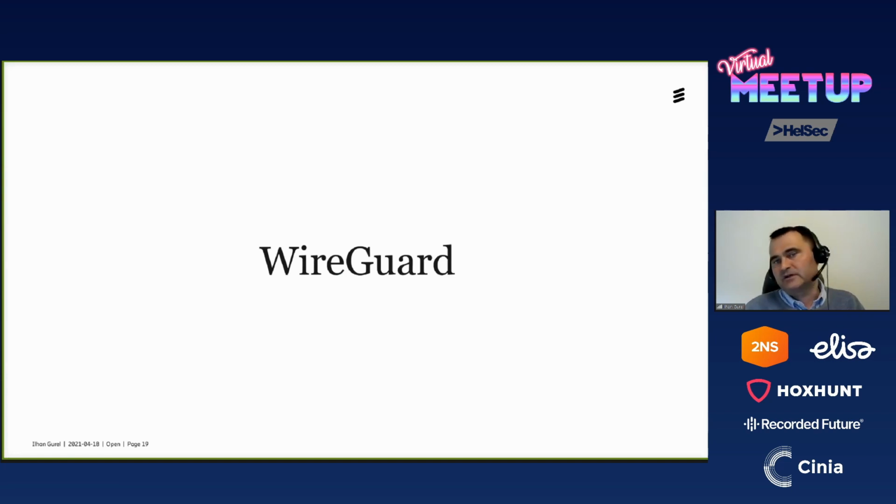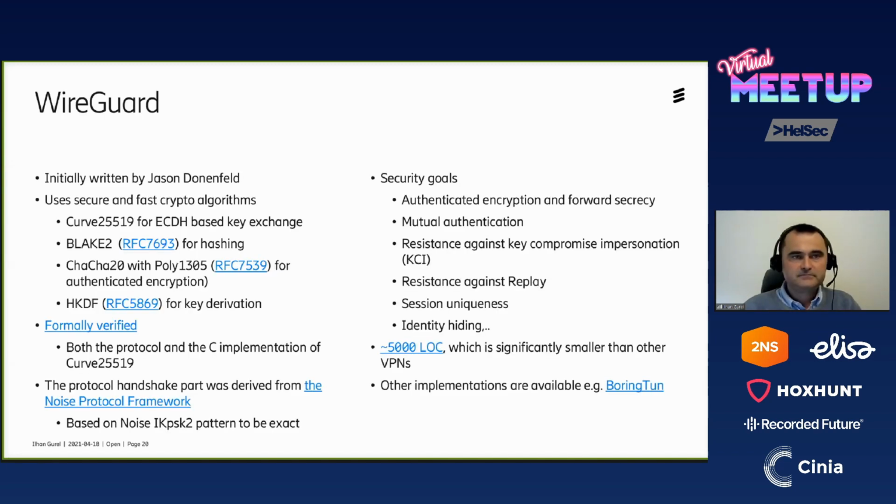Okay, now let's talk about WireGuard. WireGuard has been quite popular ever since it became part of the Linux kernel. WireGuard uses secure and fast crypto algorithms. If I may elaborate a little further, it uses Curve25519-based elliptic curve Diffie-Hellman key exchange.